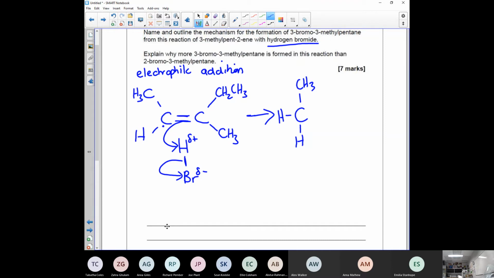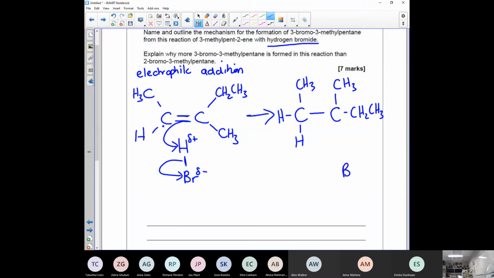I'm just going to add it to that first carbon. We've broken the double bond, so we've got just a single bond between those two carbons. Draw it out. That's also bonded to a CH2, CH3, and also another CH3. So we've now got an intermediate structure.